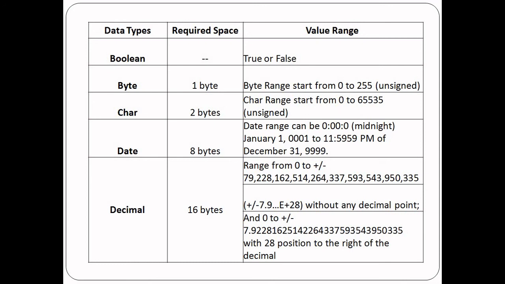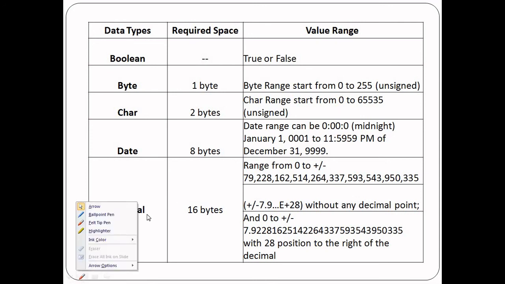We then have different varieties of numbers to store. We can also store numbers in variables using decimal data type. Size of decimal data type is 16 bytes, and this is the range we have. Look at the huge number that we can store from 0 till the number mentioned here.